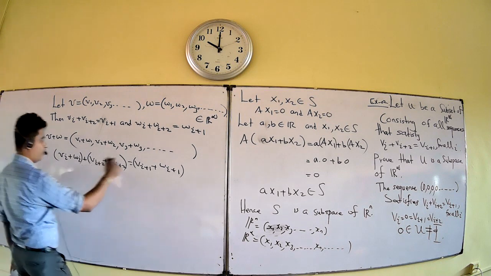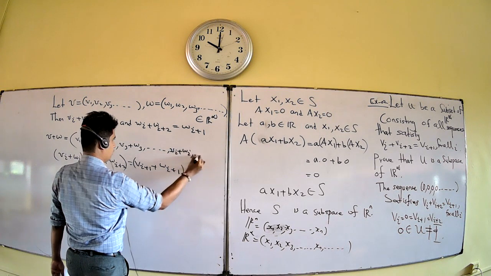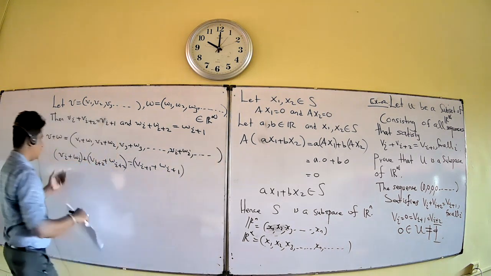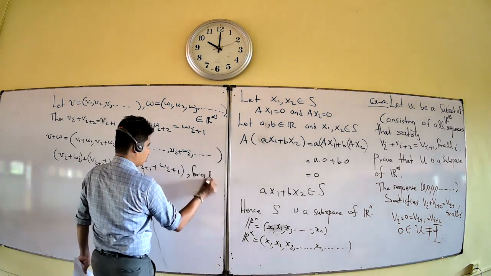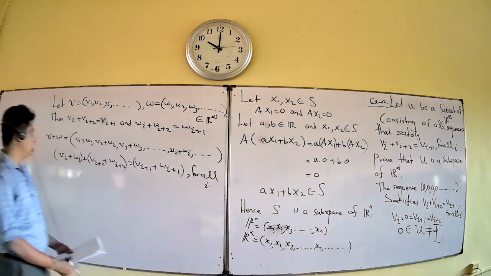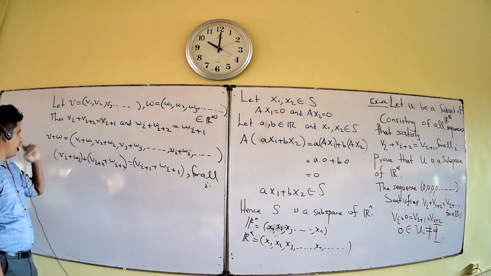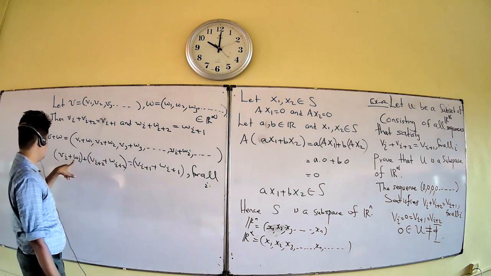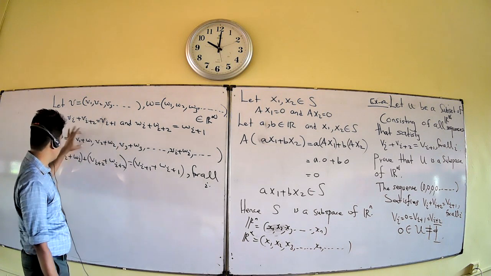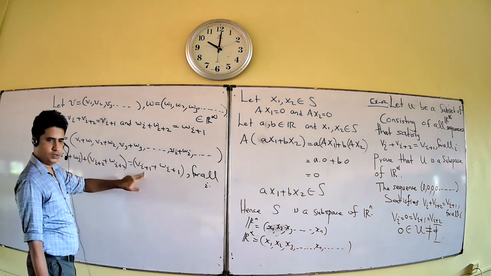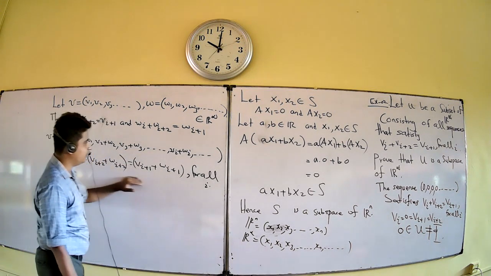This i means your ith term, no? The ith term Vi plus Wi satisfies this condition for all i. So you put i as 1, i as 2, and i as 3, and then you can get every case. For every case, this equation is satisfied.